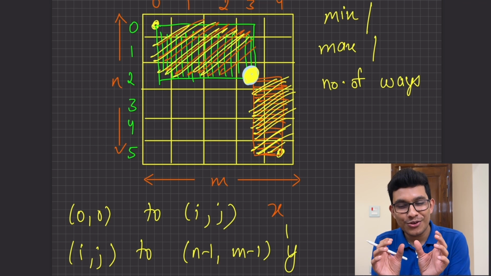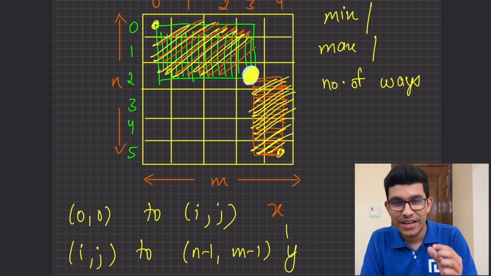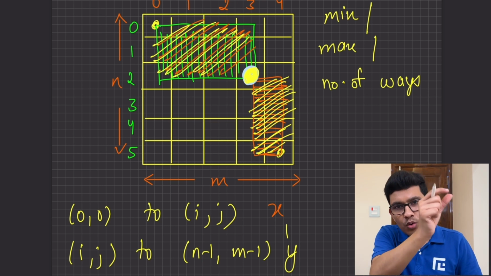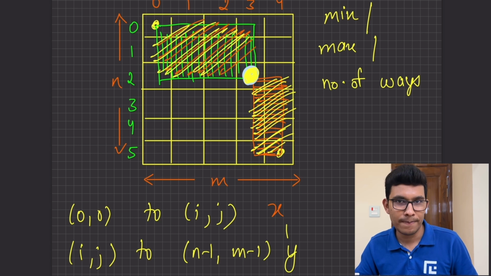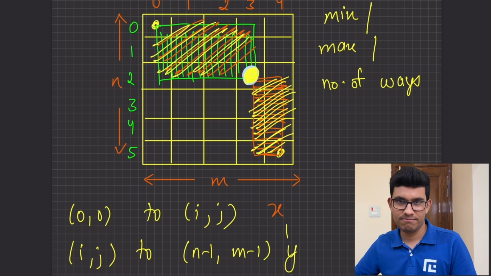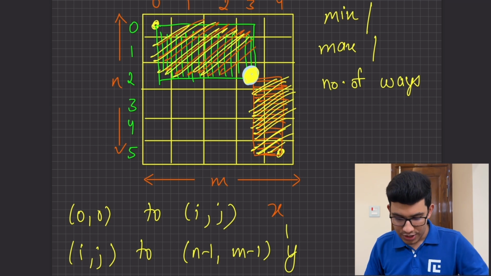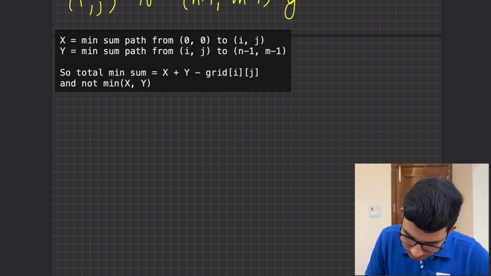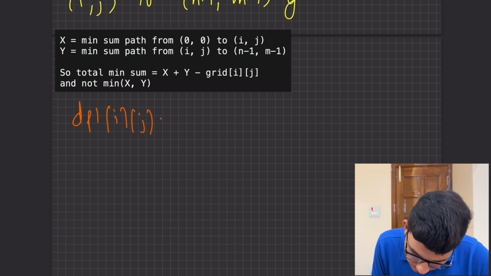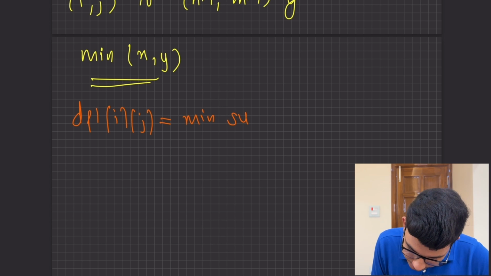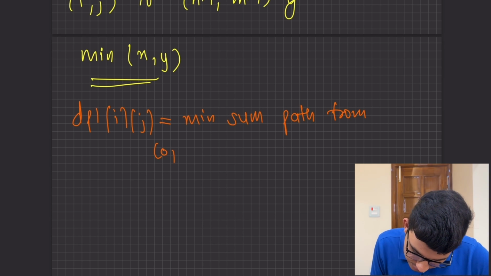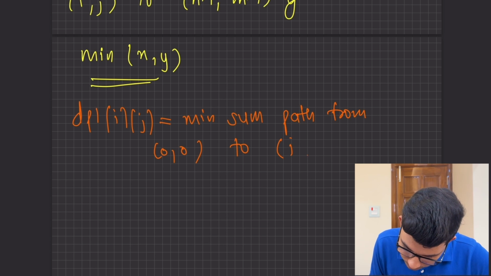So you would make use of both of these cases. In the first problem, you are trying to solve for going from 0, 0 to any i, j. The second problem is going from i, j to n minus 1, m minus 1, right? So let's define our states like this now. dp1 at i, j is equal to the minimum sum path from 0, 0 to i, j.